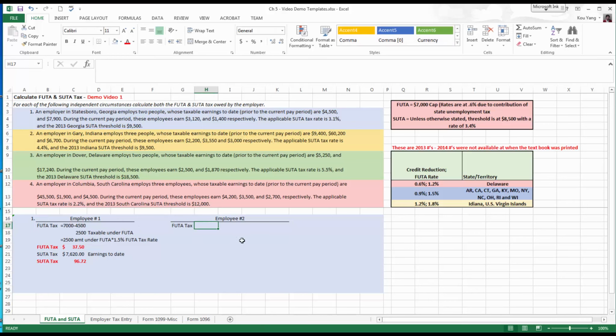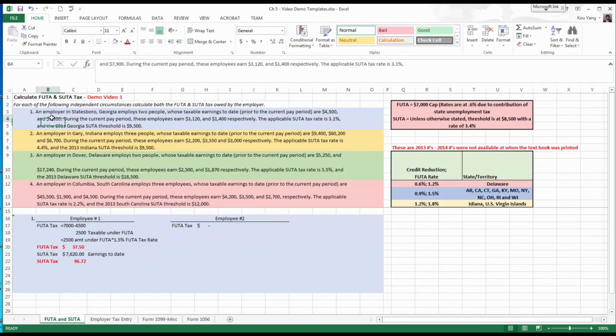Employee number 2 has made $7,900 so far, so the FUTA tax is going to be 0. You can see right here that they've already made that amount, and the cap is only at 7,000.